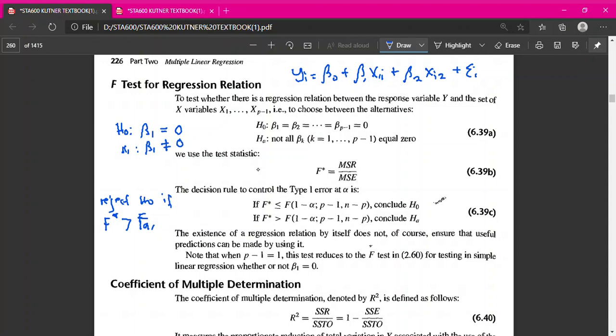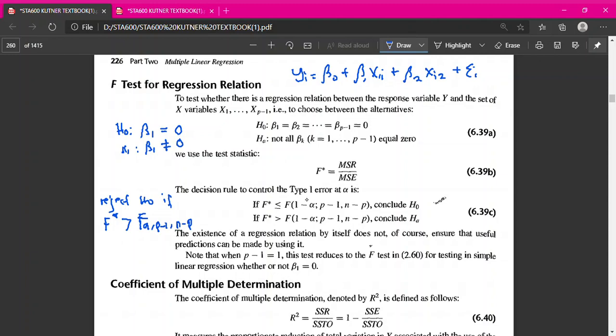Okay, so kat sini, remember, hati-hati dekat sini, you kena ambil degree of freedom untuk SSR dan juga SSE. Sebab tu here will be P minus 1 dan juga N minus P. Kalau kita tukar degree of freedom for these two, the value for the critical value here will be different.